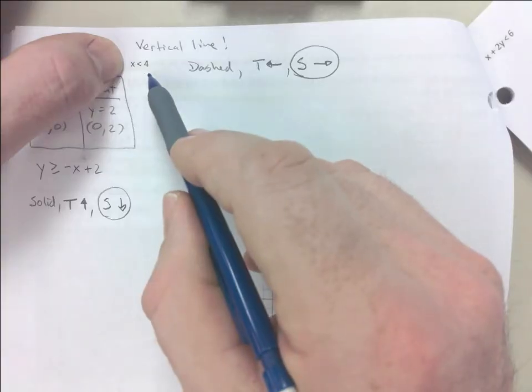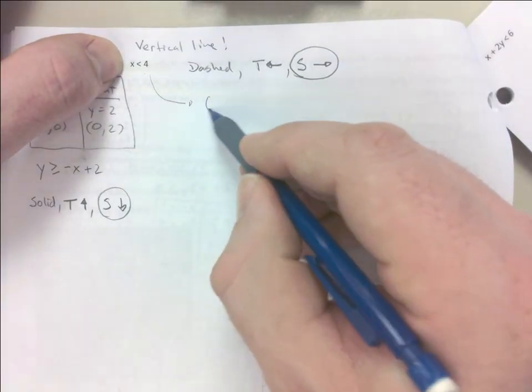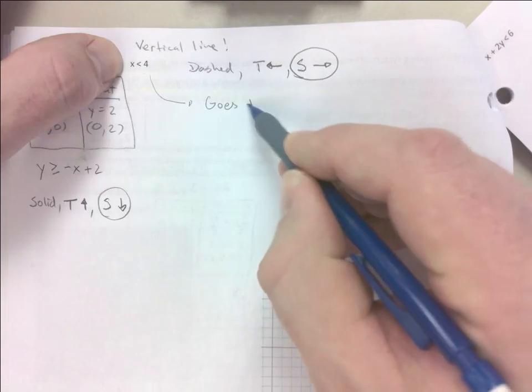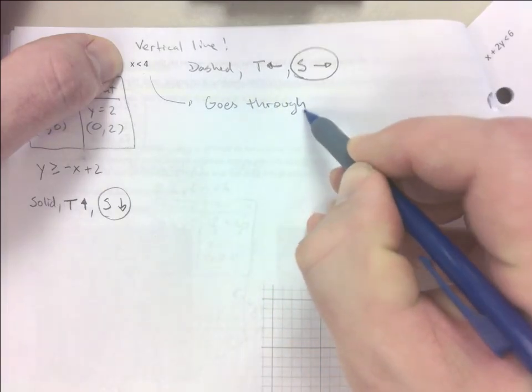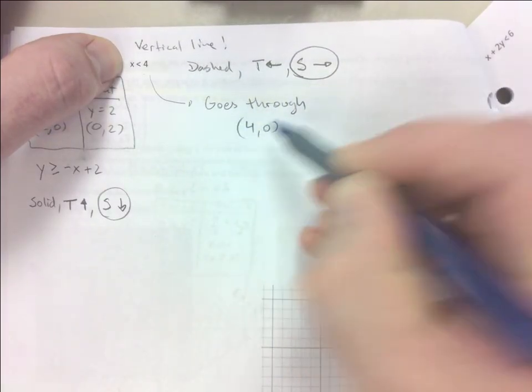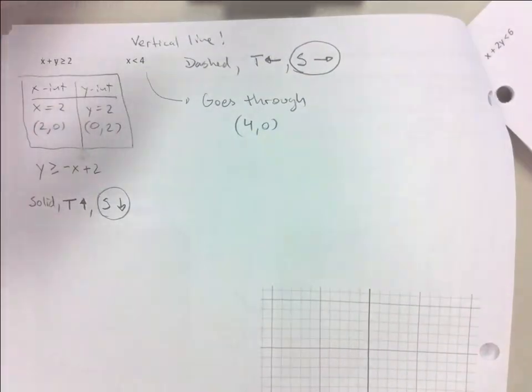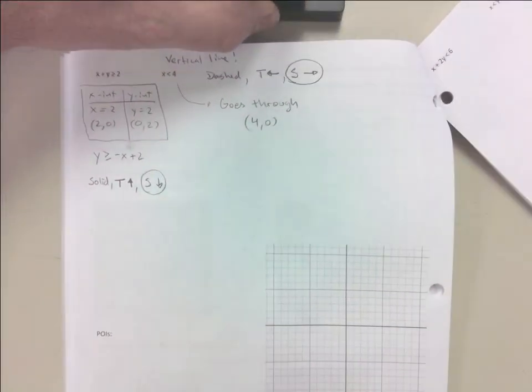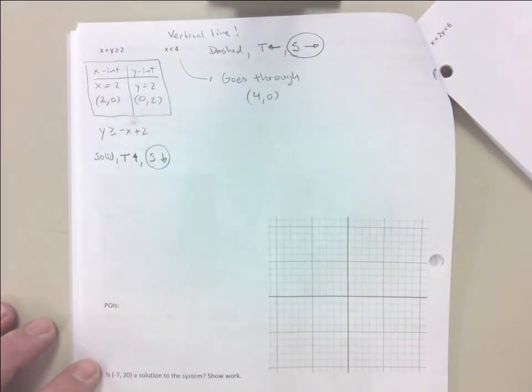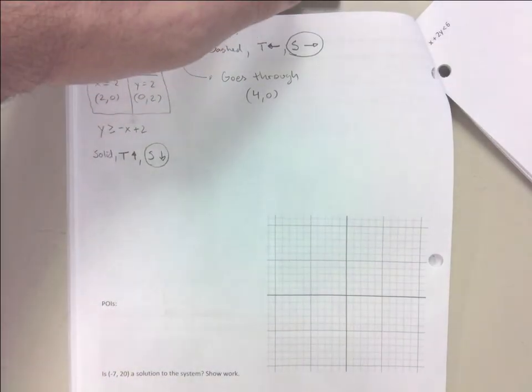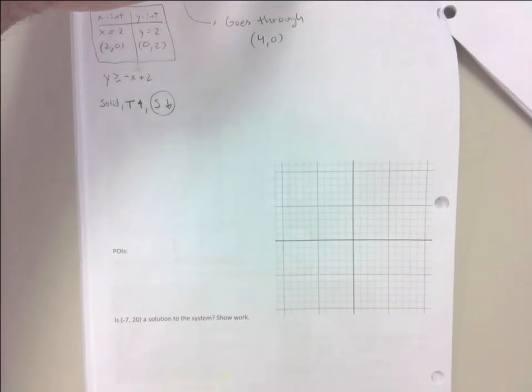This one goes through, how about I make a note here, 4, 0, okay, where x is equal to 4. So let's go ahead and graph it. I mean, if you did the homework, you already know how to do this. So let's bring this down.